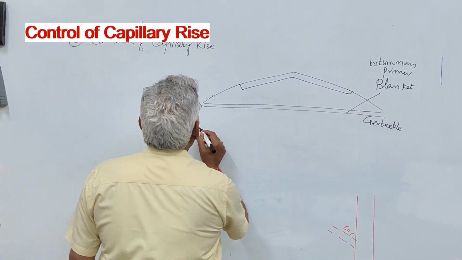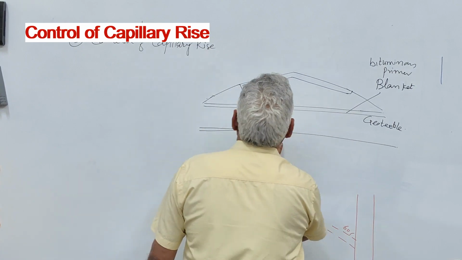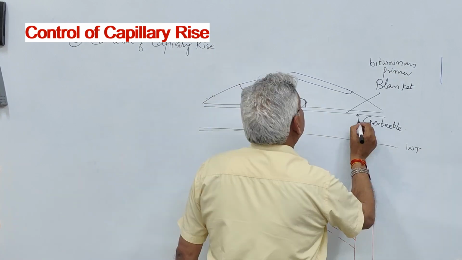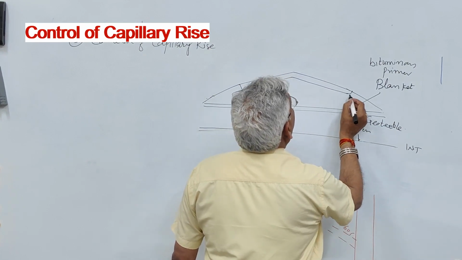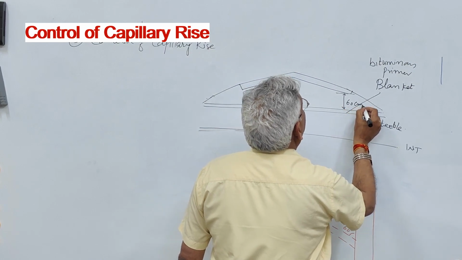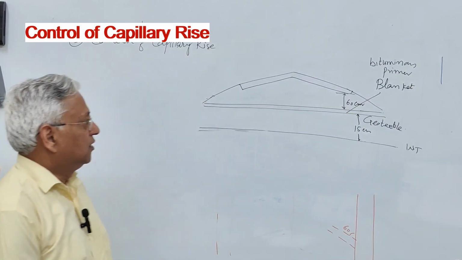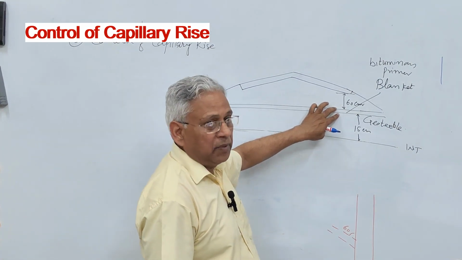Now this is the water table, natural water table. This is the level of, let us say, water table. This should be at least 15 centimeter, and this depth should be minimum 60 centimeter. That is the criteria. Where should you place this layer of geotextile or the sand blanket?